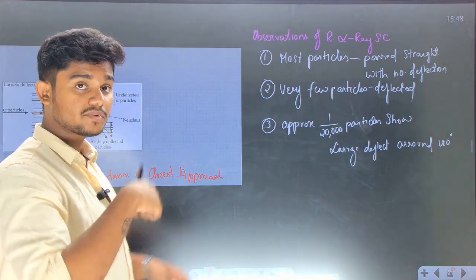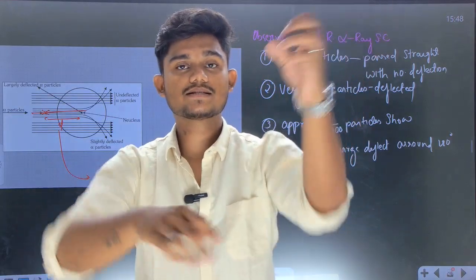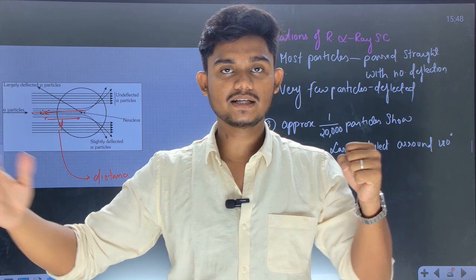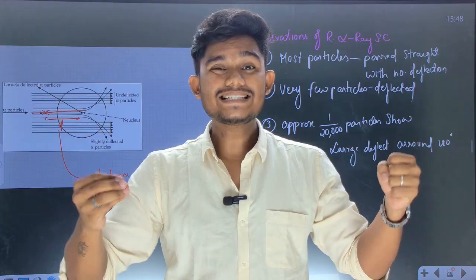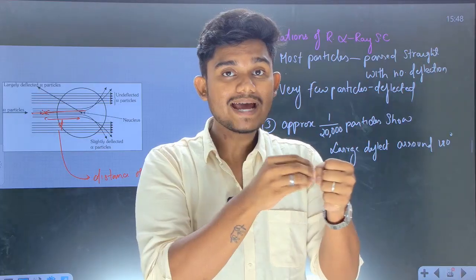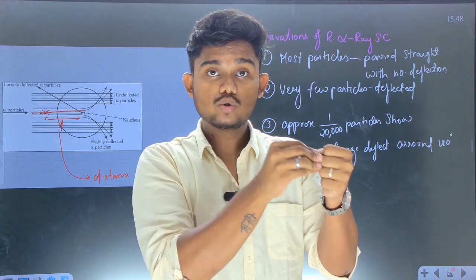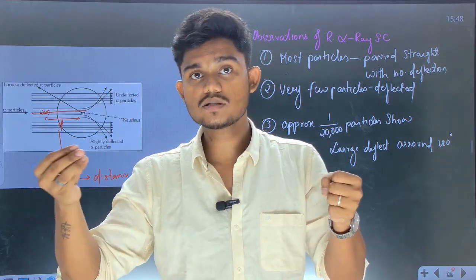This was one concept that was seen in Rutherford's experiment. Let's say this is the nucleus and this is the alpha ray particle. The alpha ray particle reaches a certain distance but cannot collide with the nucleus of the atom, because the nucleus is positively charged and the alpha ray is positively charged.